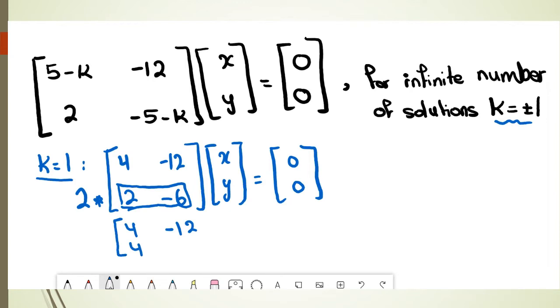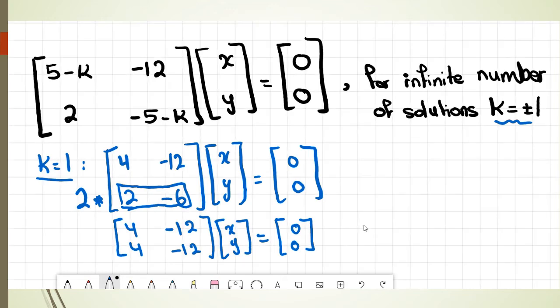Then 2 multiplied by minus 6 is minus 12, i.e. we get the same equation as the first equation. So we have two similar equations, and that means that we have an infinite number of solutions for this system.